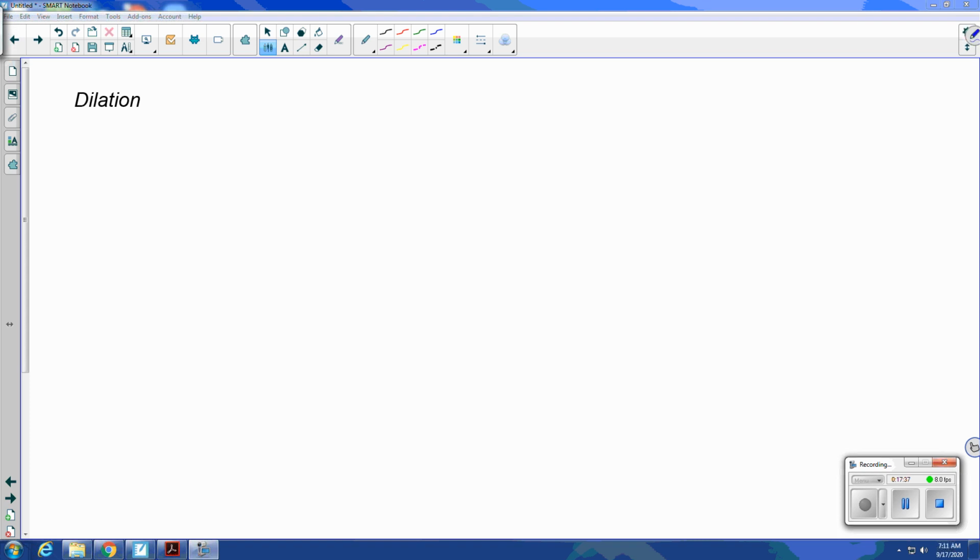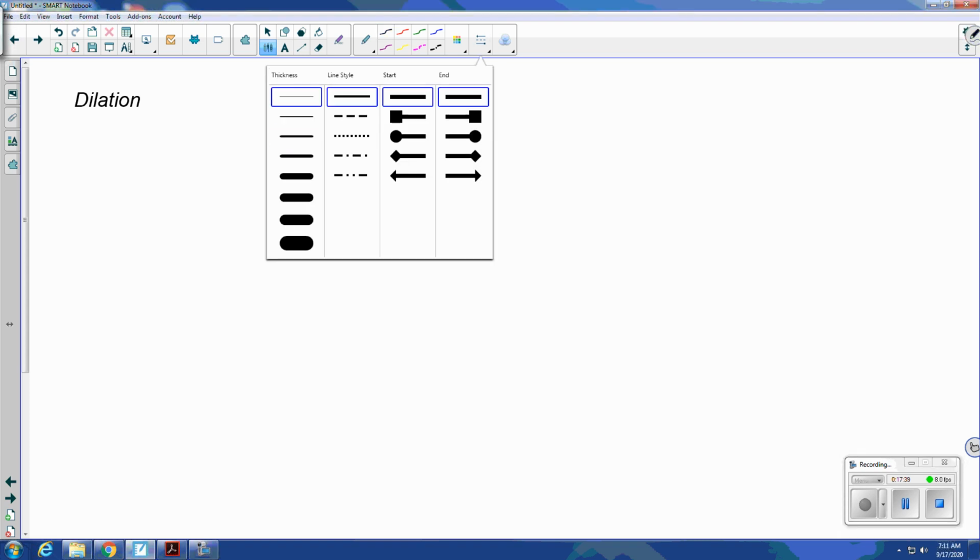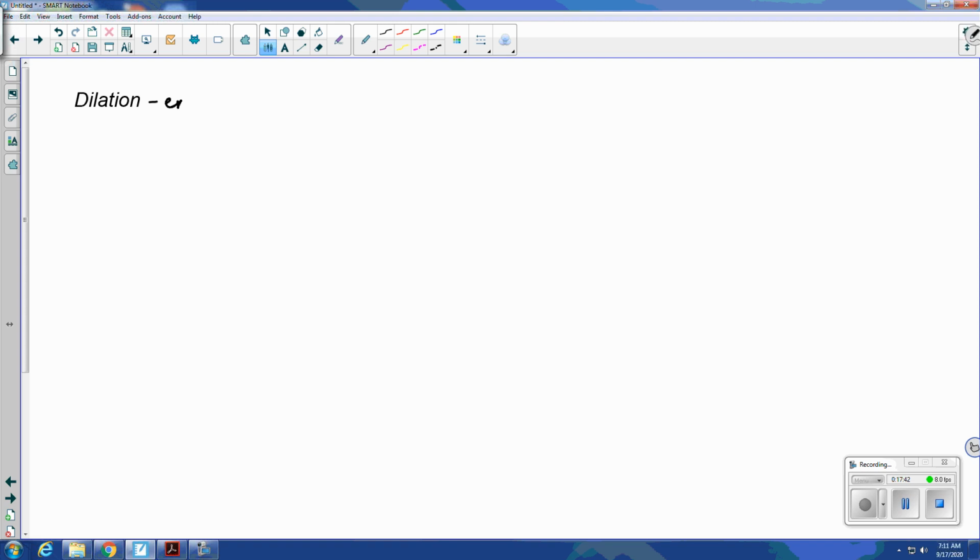A dilation is taking the point and expanding or contracting from or to the origin by some scale factor.